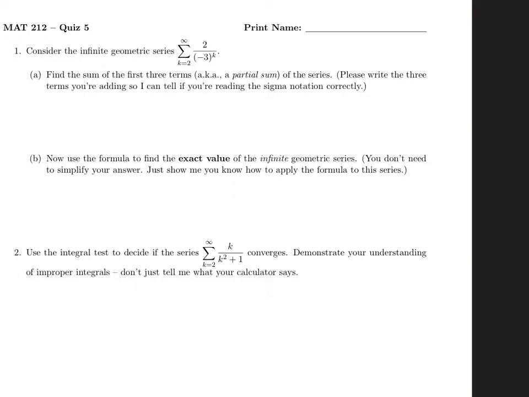The first part here is just to make sure you're reading the notation correctly, and there's still some of you who are having issues with this. I think maybe it's just the fact that the negative number is inside parentheses there, perhaps.